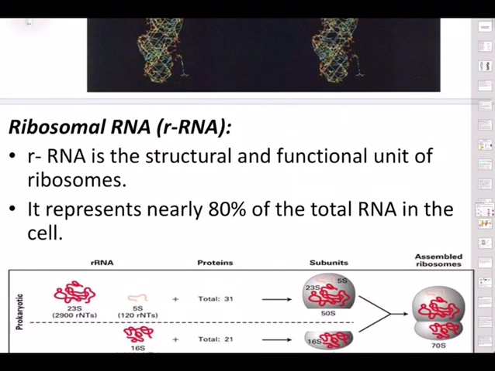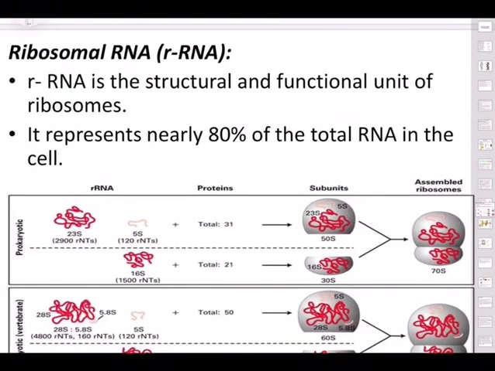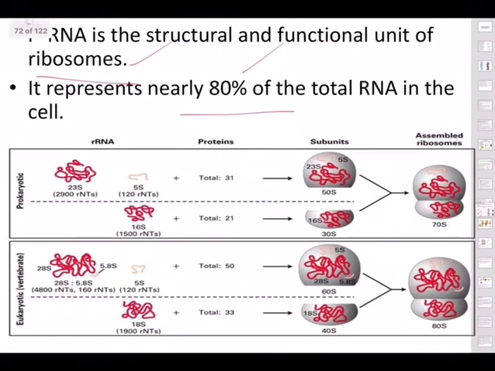And now, rRNA, ribosomal RNA, the third RNA, is the structural and functional unit of ribosomes. It represents nearly 80%. There we said 15 to 20, here 80%. And without this, no proteins.